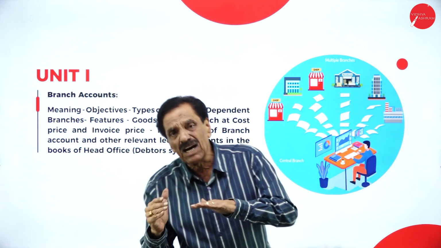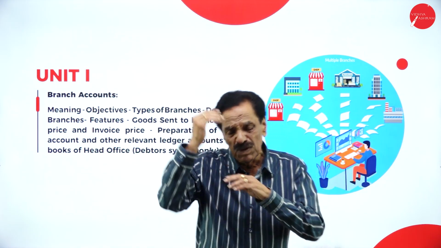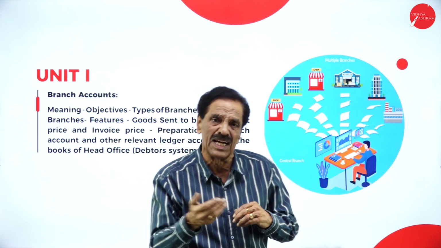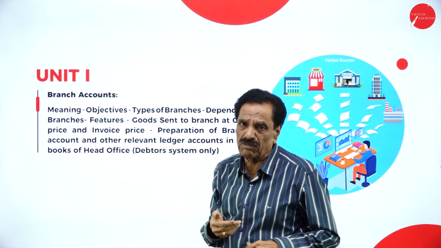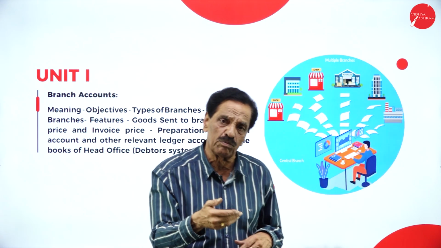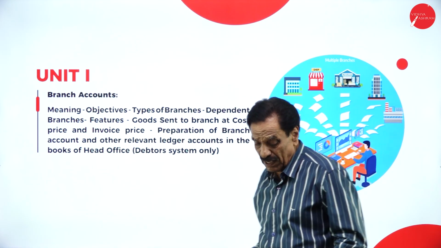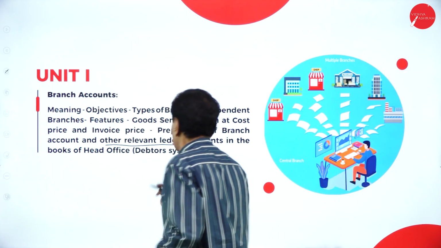Now, a head office wants to expand its business. So what the company will do, they will open a branch in a different area that we are going to deal with here. Here, we are going to prepare the branch account in the books of head office. Generally, we prepare the debtors account. Here, we say preparation of other relevant ledgers.